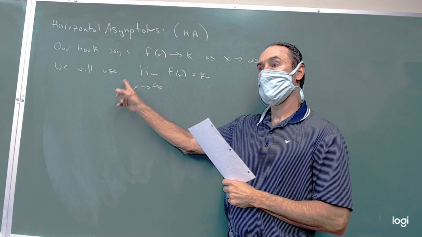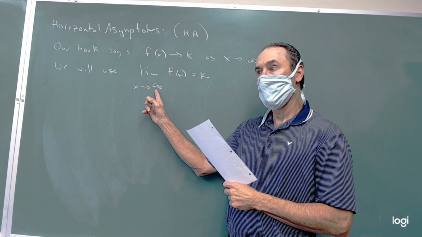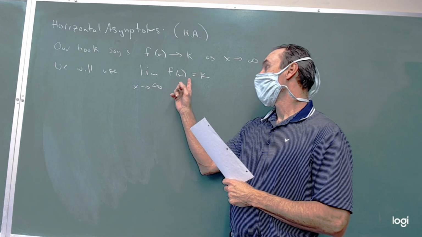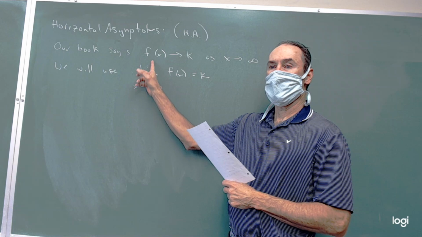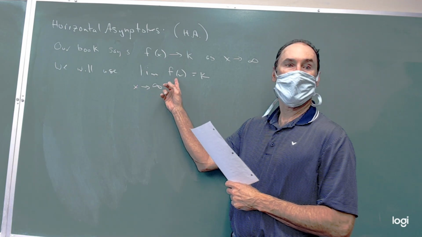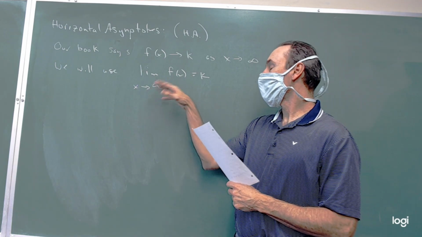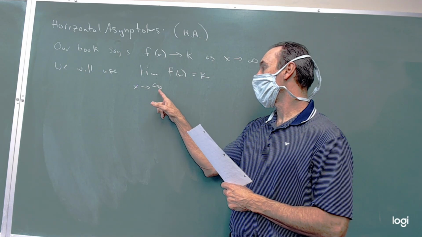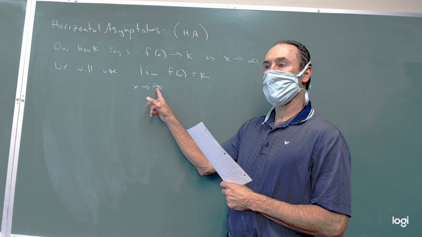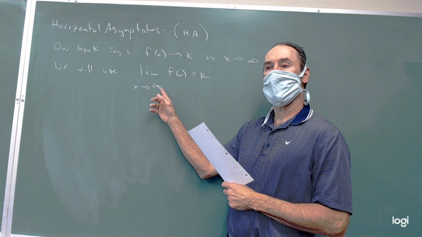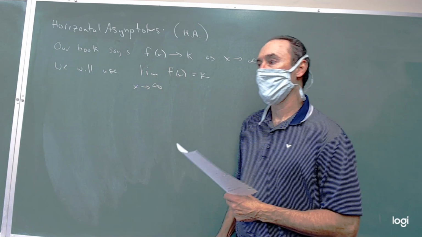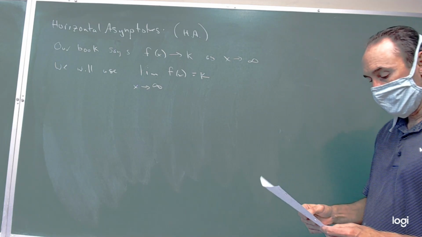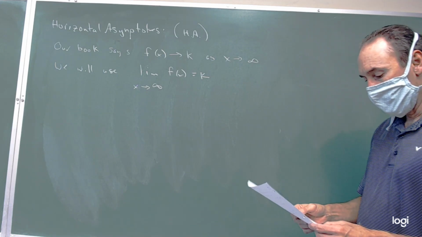So the limit as x approaches infinity of f of x is equal to k. So that's how that is read. Limit as x approaches infinity of f of x equals k. And we'll do this also down the road here, not too long. We'll use this not always as x goes to infinity or negative infinity, but as x approaches other numbers as well. But this symbolism, that'll be a mainstay. So we'll see that a lot.